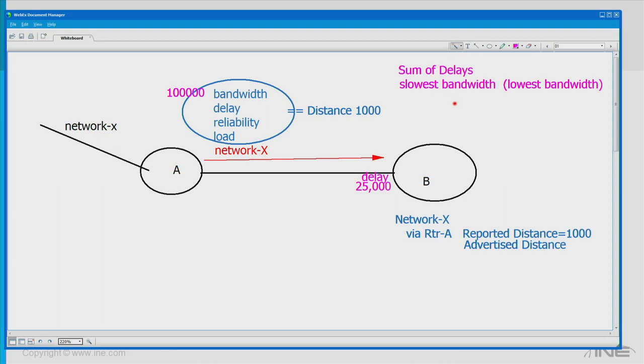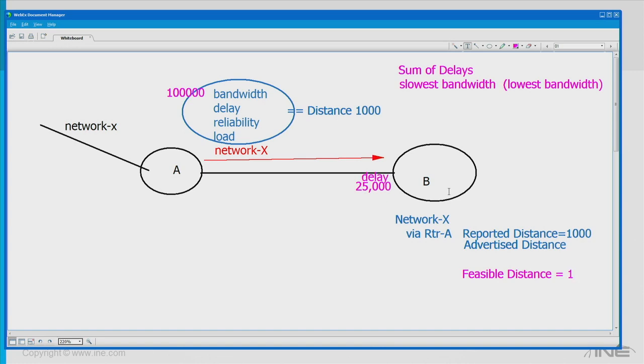So when I'm coming up with my EIGRP formula, I'm going to toss out your number of 100,000 and I'm going to replace it with 25,000, the weakest link in the chain, the slowest bandwidth along this path. And now that I've got those numbers, I can figure out the total distance, except in EIGRP terminology, we don't call it the total distance, we call it the feasible distance.